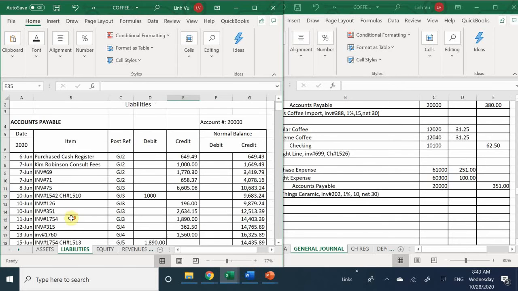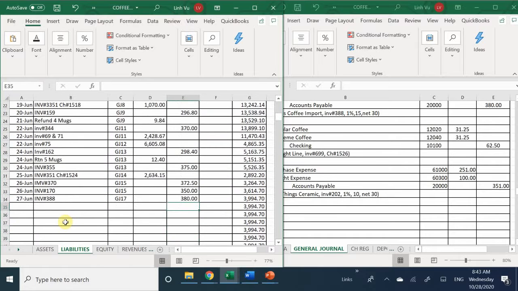And next? The subsidiary ledger. Oh, you got accounts payable. Yes, you forgot one more, accounts payable.